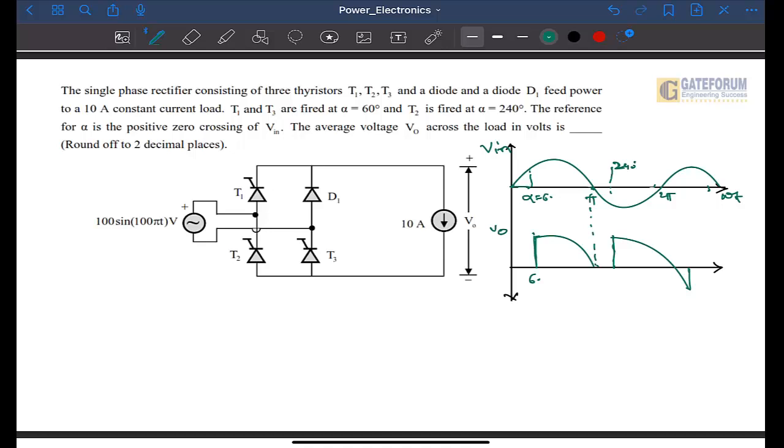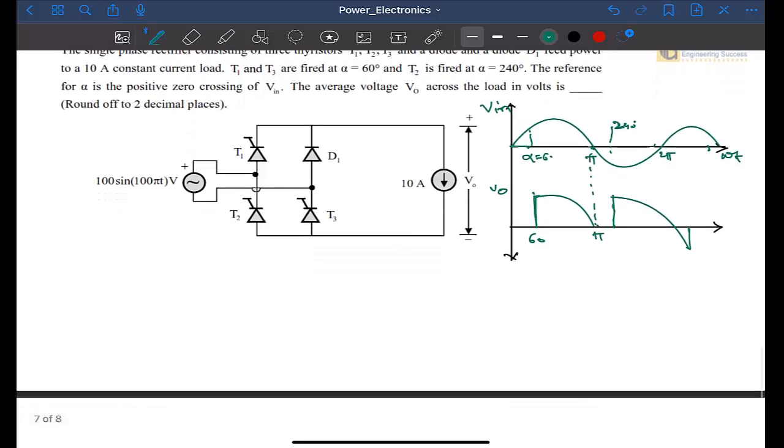So for 60 degree to pi, if we look at the circuit, just have a realization. Say that this is V in.